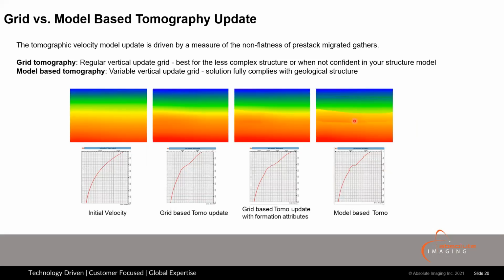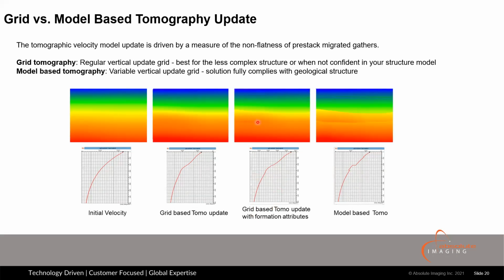So this is how the output solution will look. The initial will be smoother, right? That's just from the first conversion. Then when you have a first update on the grid base, it's going to start to reveal the geological layering a little bit more, but not as much as when you are using the formation attributes.